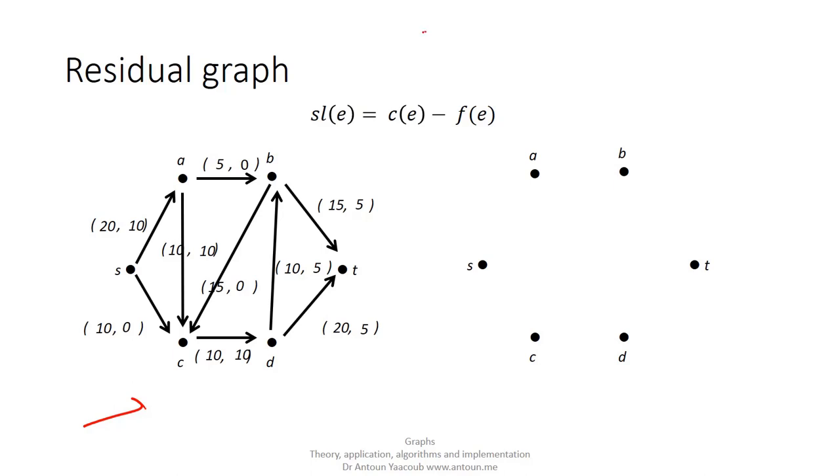As a reminder, the residual graph has a slack value on the arc, equal to the capacity minus the flow on forward edges. From S to A, it's equal to 20 minus 10, so 10. On the back edges, there's no A to S arc, so the capacity is equal to 0 and the value is minus the flow.